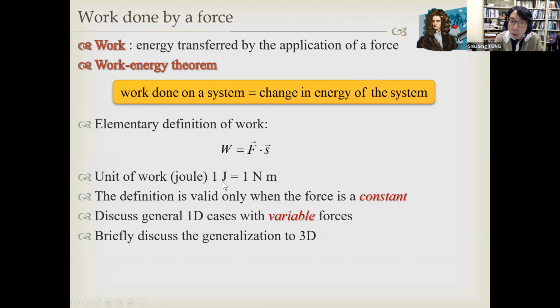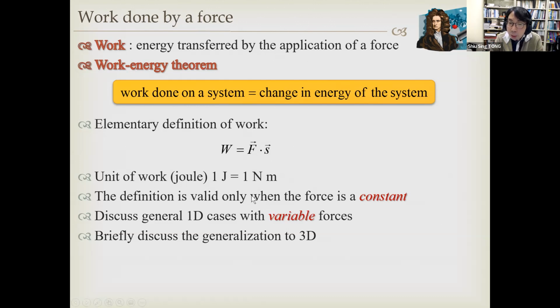The unit of work is joule. It takes the same unit as energy because it's energy transfer. From this equation, you can see that the joule is equal to the unit of force, Newton, multiplied by the unit of displacement, meter. So 1 joule is 1 Newton meter.